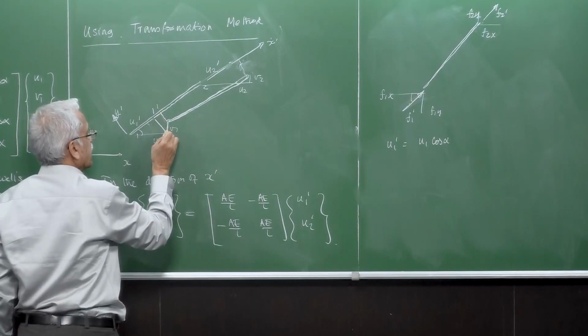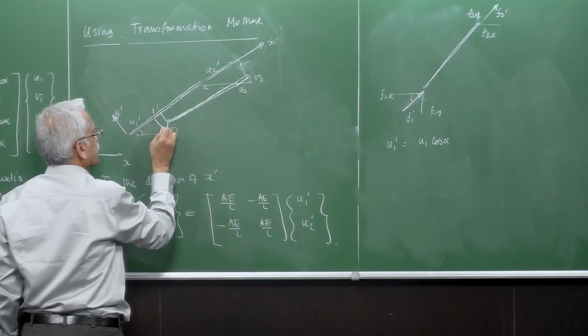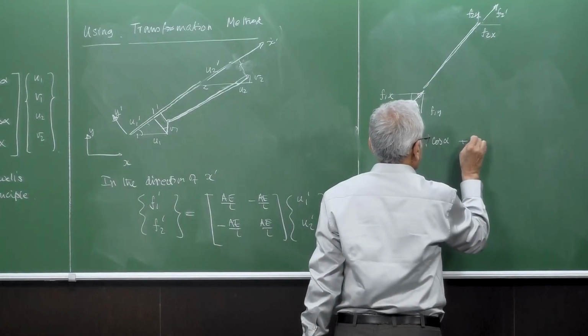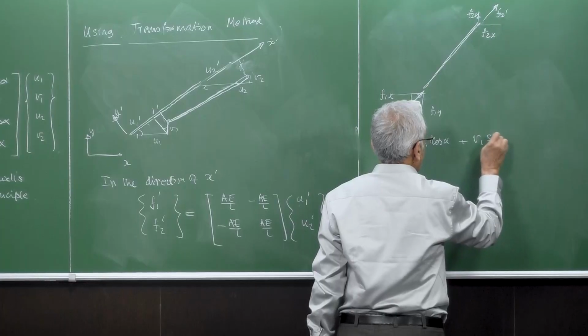This is alpha and that is sine alpha. So you have v1 sine alpha.